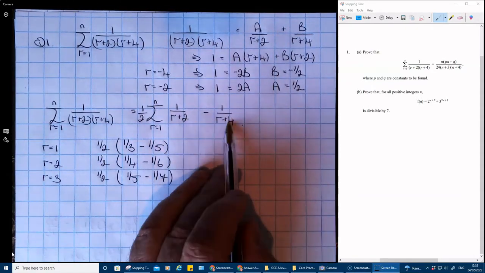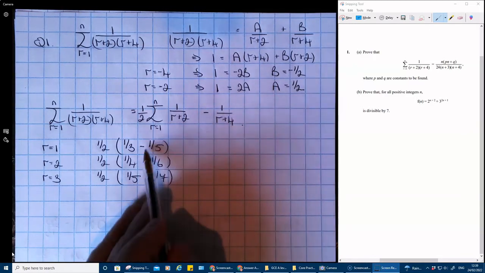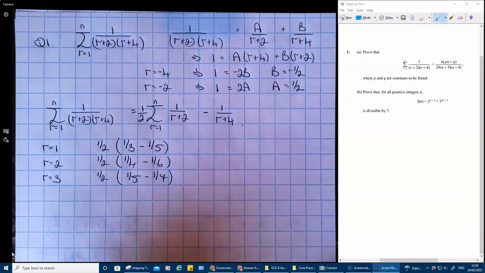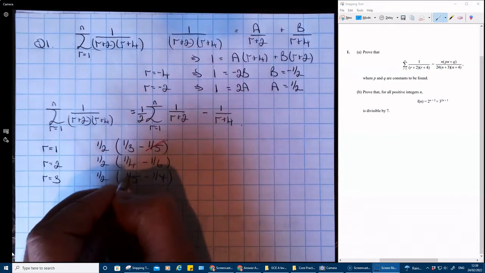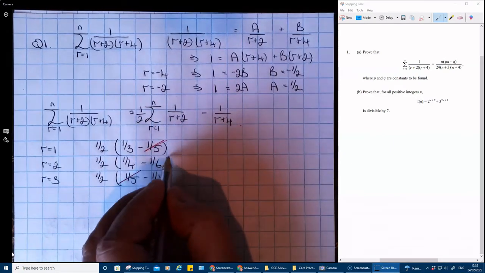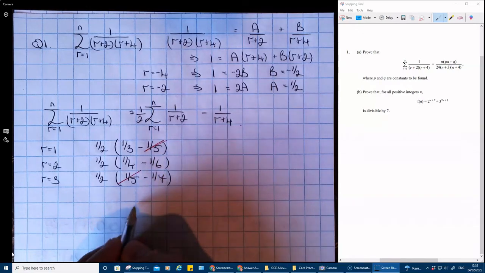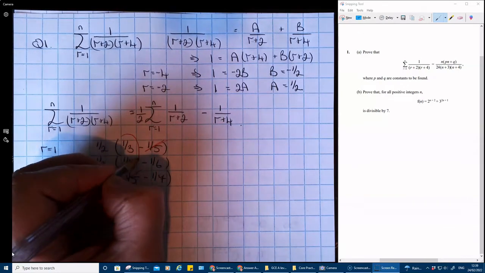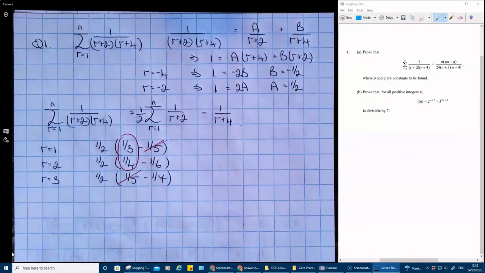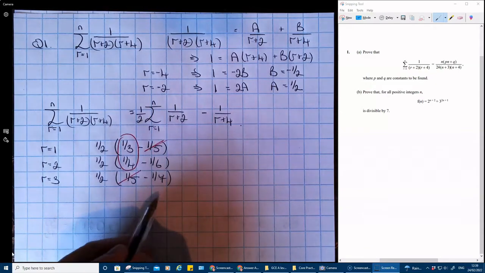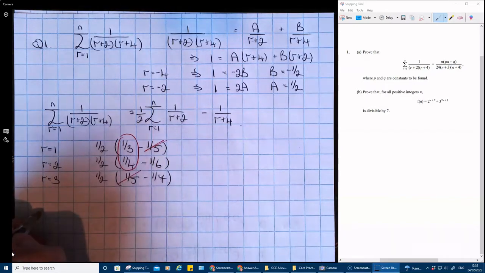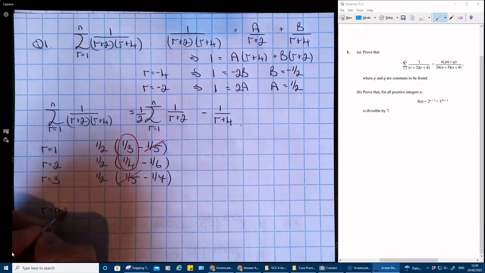We knew there'd be a 2 gap because r plus 2 and r plus 4 is a 2 gap, so we can see the cancelling is going to occur. That's going to cancel with that, the sixth will cancel the next one down, and so on. So these two will not cancel, so we'll leave those, and therefore I know the last two won't cancel on the right hand side.